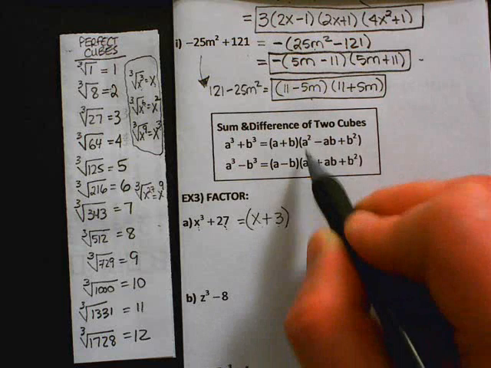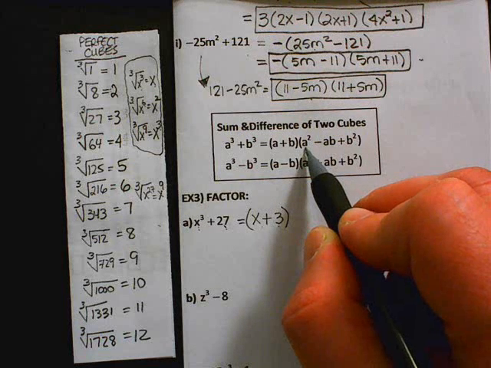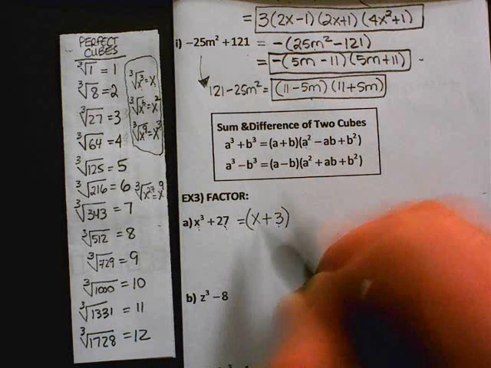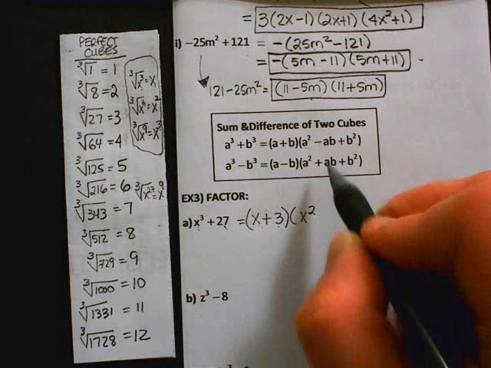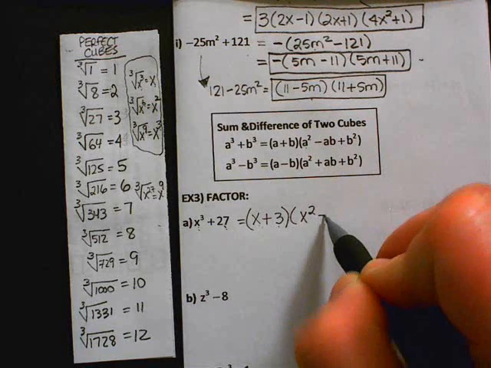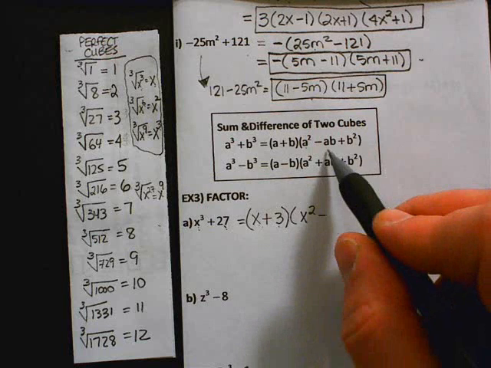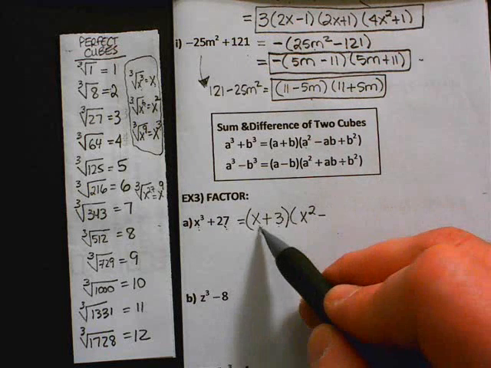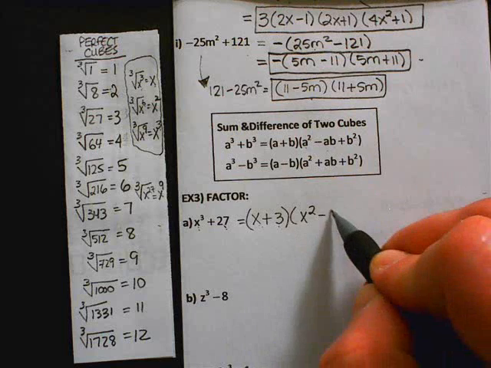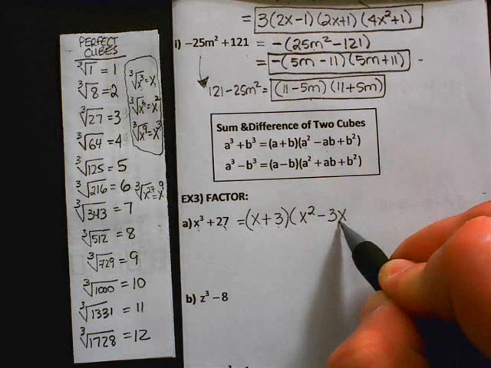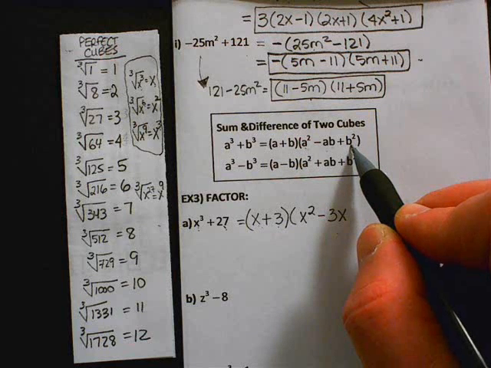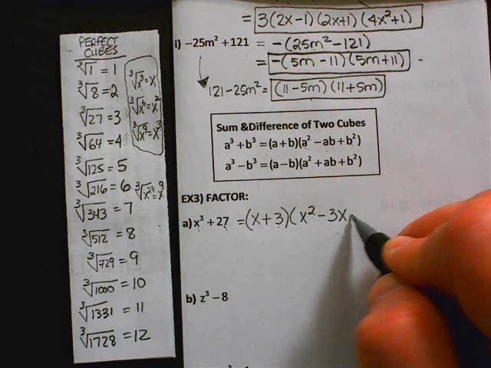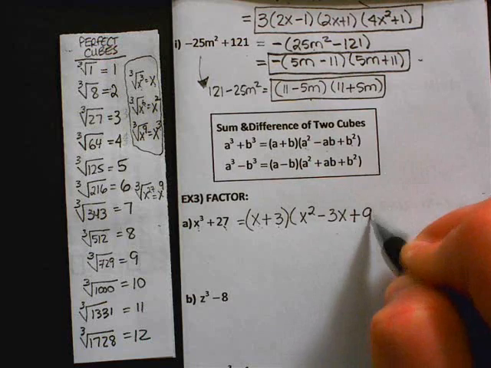The rule says take the first term, x, and raise it to the square, so x squared, then put a minus, and then the first times the second, so x times 3 is 3x, and then take the second term, 3, and raise it to the square, so 3 squared is 9. And that's my answer.